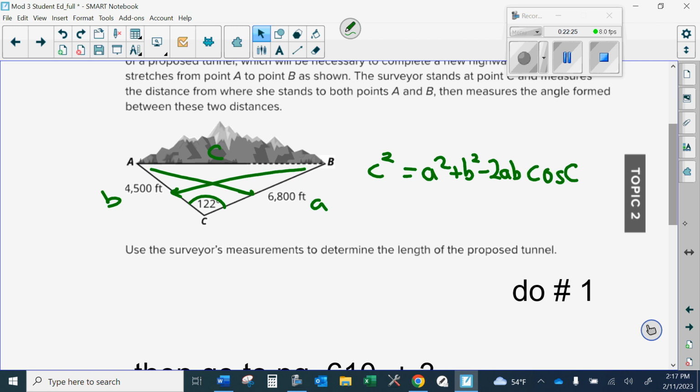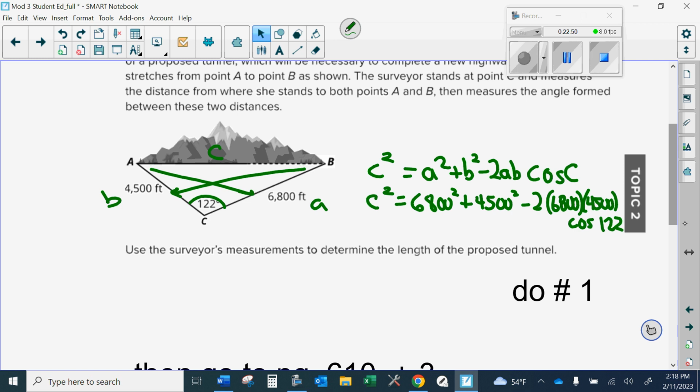So that's now what we're going to solve for. C squared equals, what's A? 6,800 squared. What's B? 4,500 squared minus 2 times 6,800 times 4,500 times cosine of C, which is 122.